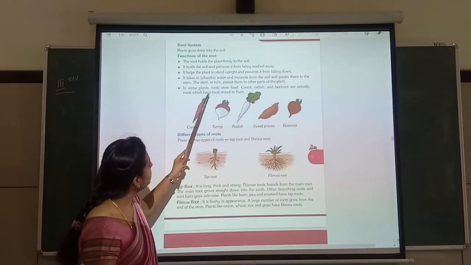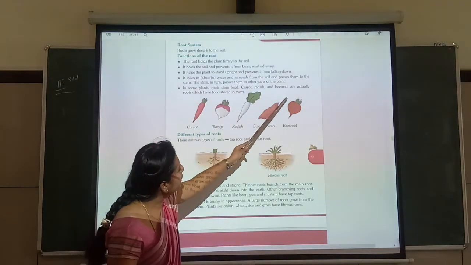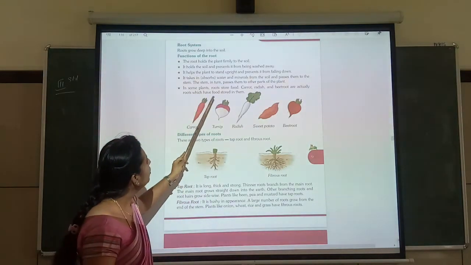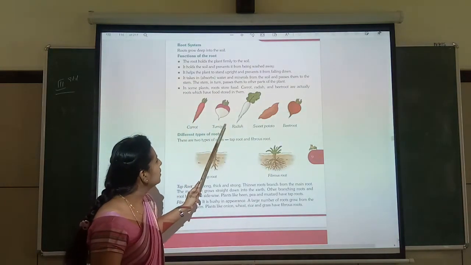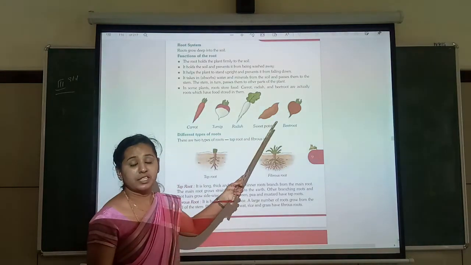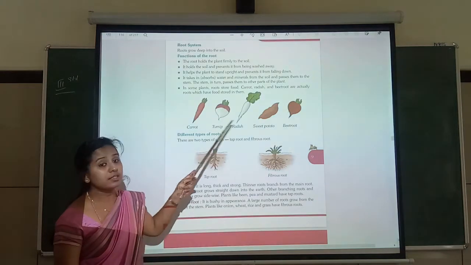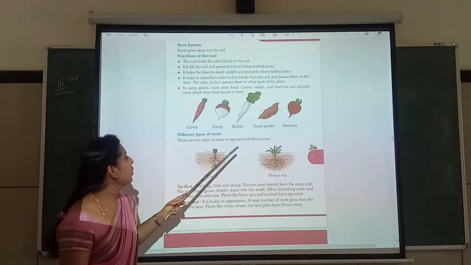Okay, in some plants, roots store food. Carrot, radish and beetroot are actually roots which have food stored in them. See, this is the carrot, turnip, radish, sweet potato, beetroot. All these are roots, children. They grow under the soil.